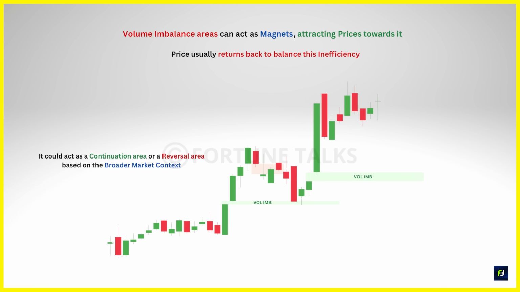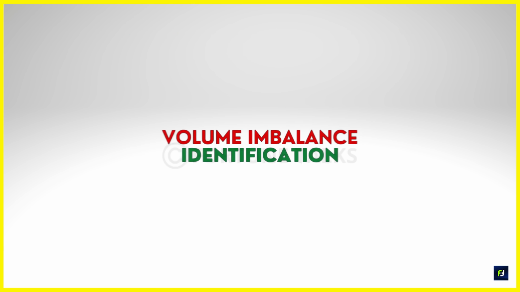This means volume imbalance can either serve as a continuation area or a reversal area. But this is highly dependent on the broader market context or what the major market structure is doing. Therefore, understanding how these imbalances form and how they can influence future price movements is essential for developing a robust trading strategy. Now, let's learn to identify a volume imbalance properly.